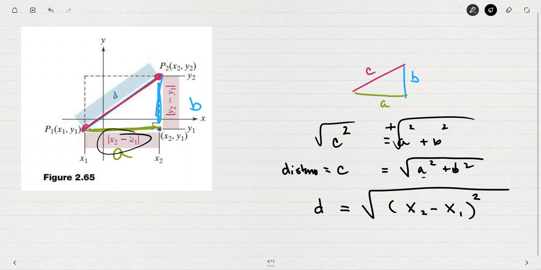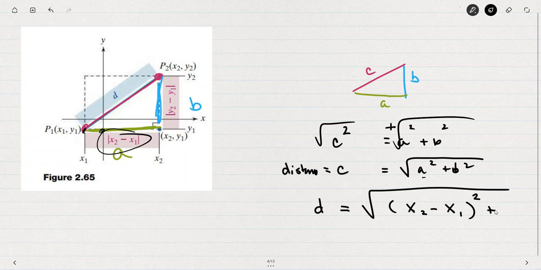If it was positive because we did the larger x minus the smaller x, then it stays positive. If we mixed them up and did the short one minus the long one, so x1 minus x2, it wouldn't matter because we'd get a negative difference, but when we square it, it comes out positive.